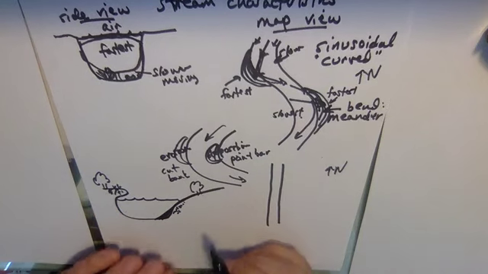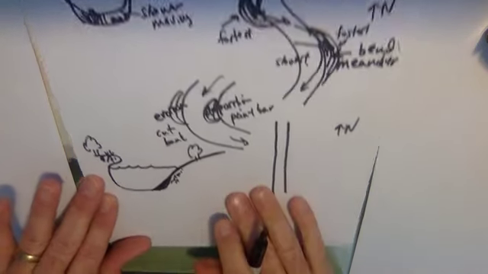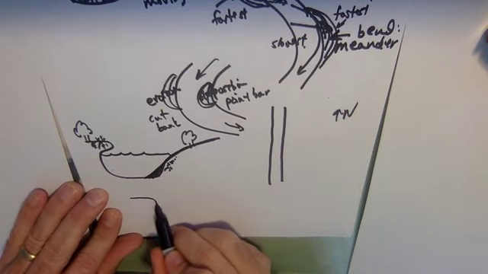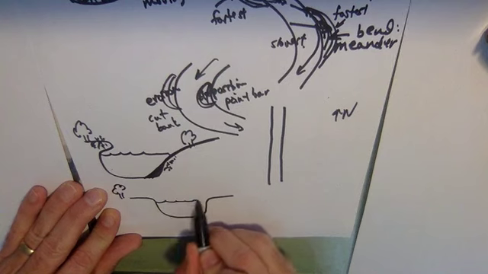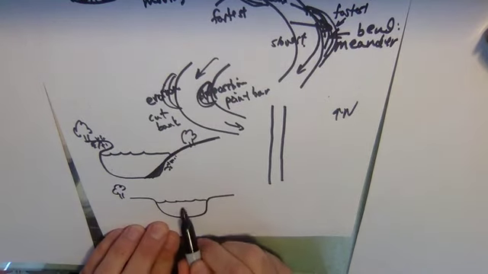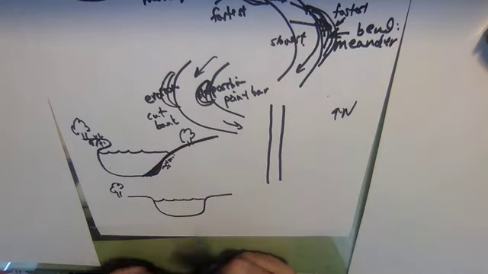The other thing to know is that whenever you get a flood, I'm going to go back to this thing again. Here's our stream. Whenever you get a flood, remember the water is coming out of the page towards us here. There's all sorts of sediment being carried along by the water.